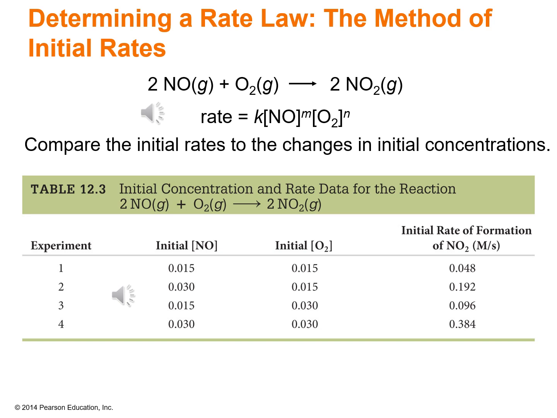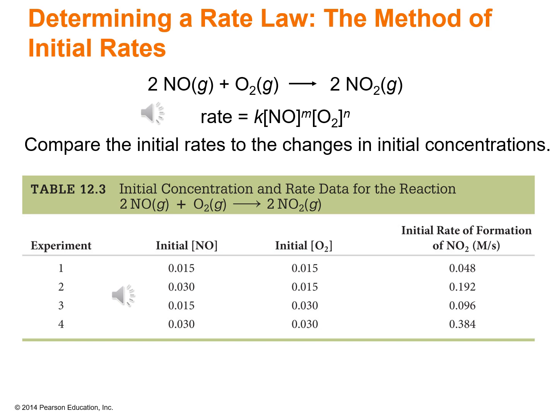Note that the pairs of experiments are designed to investigate the effect on the initial rate of a change in the initial concentration of a single reactant. If you look at the first two experiments, for example, the concentration of NO is doubled from 0.015 to 0.030, while the concentration of oxygen is kept constant.